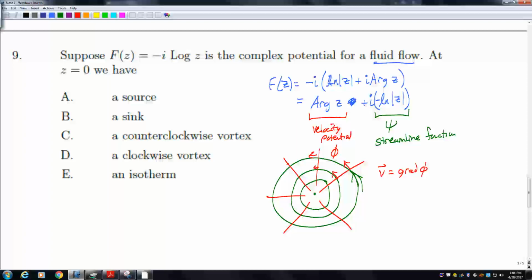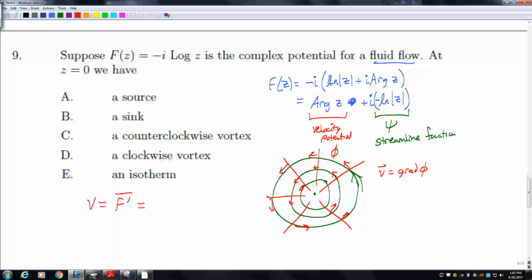And again, I guess I'm already assuming it's counterclockwise here, but this is my vector field going like this. Okay, so I can think of v that way, or remember that v as a complex number velocity is given by the conjugate of f prime.